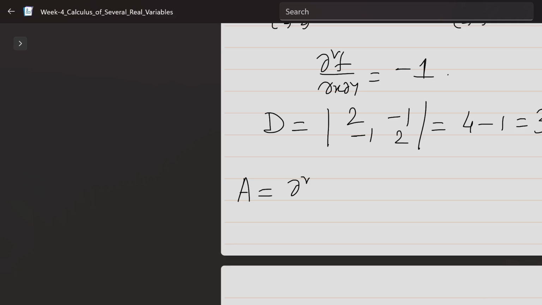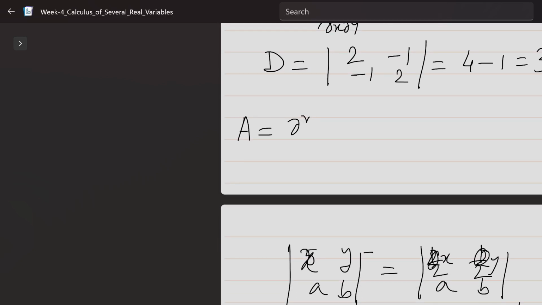The sign of this, whether it is positive or negative, is the same as the determinant of 2x, 2y, a, b. So the determinant of a, b, c, d is the same in sign as the determinant of half of a, half of b, c, d. Understand? So I am not writing this half thing.